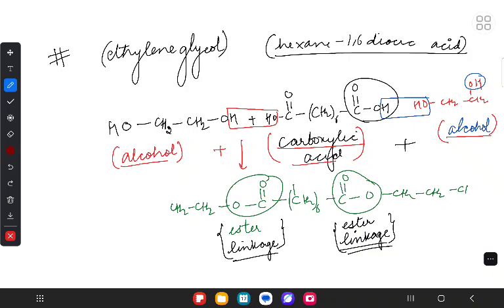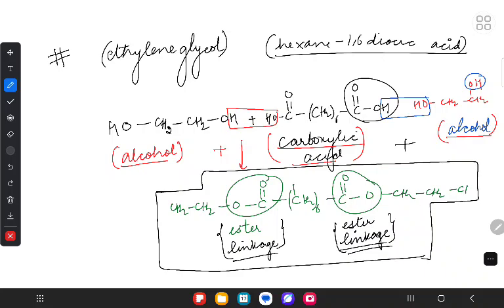Got it? So I hope you're understanding that we have this ester linkage. Got the point? This ester linkage is basically repeating again and again in the long chain, and that's what makes it a polyester.